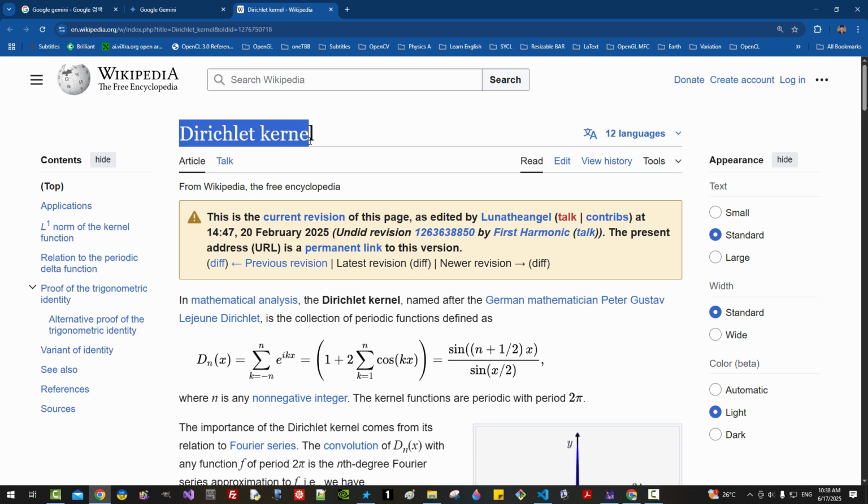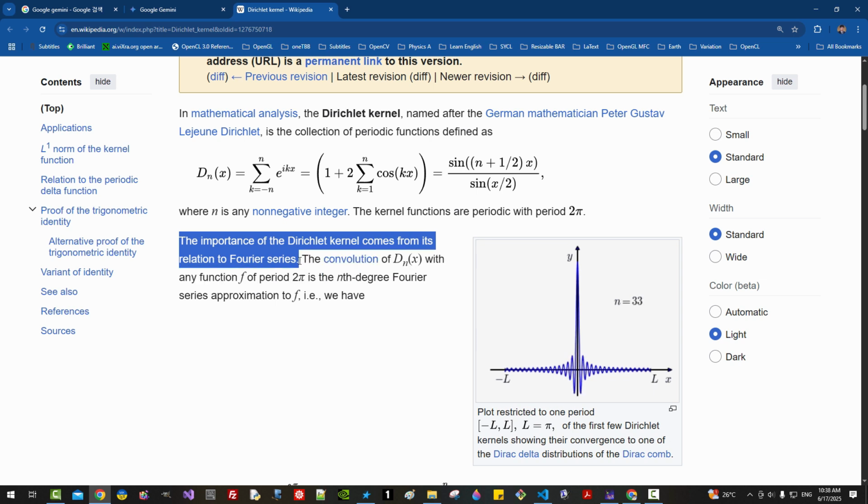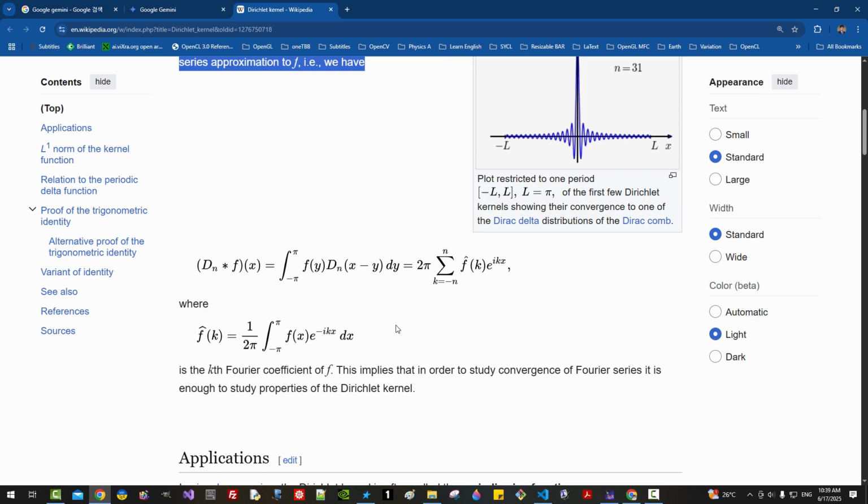In the case of the Dirichlet kernel, its importance comes from its relation to Fourier series. The convolution of D_n(x) with any function f of period 2 pi is the nth degree Fourier series approximation of f, i.e., we have blah blah blah.